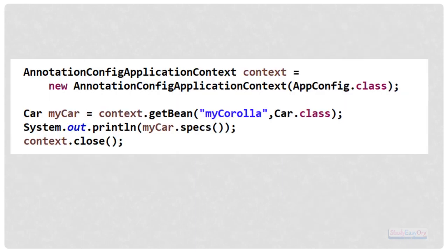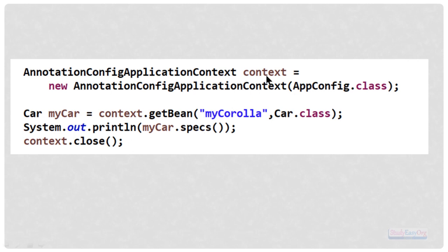Let me quickly show you a piece of code. This is a piece of code from our last video, where first of all we have created this context variable. This is nothing but a reference to our bean factory. Bean factory is the place where Spring keeps all the objects it creates.